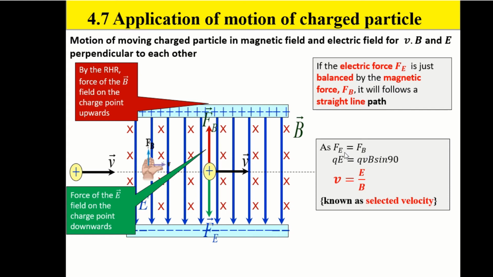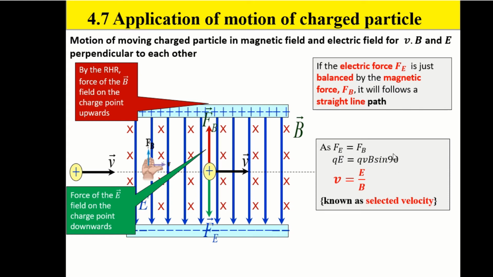We know the electric force equals Q, the charge, times the electric field, where the magnetic force depends on velocity, and the equation is charge times velocity times magnetic field times sine theta.